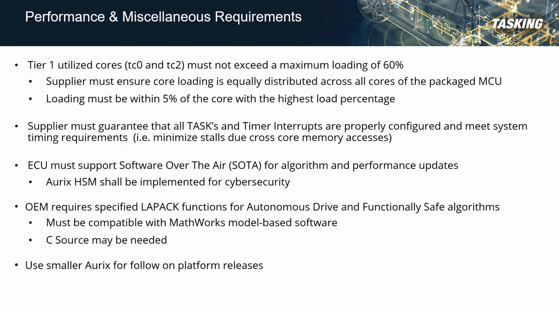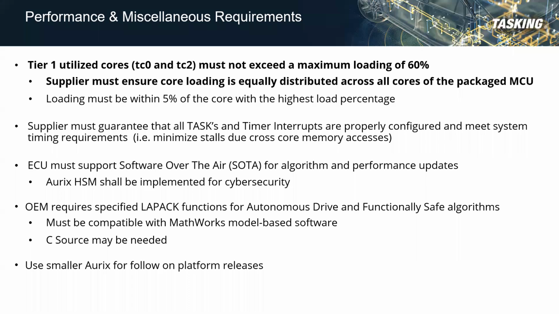So now moving on to the fun part. We've talked about hardware, software, safety, but what about performance? The OEM has also come up with a series of performance requirements. They're requiring that the 2 cores which the tier 1 can use, core 0 and core 2, must not exceed a maximum loading of 60%.